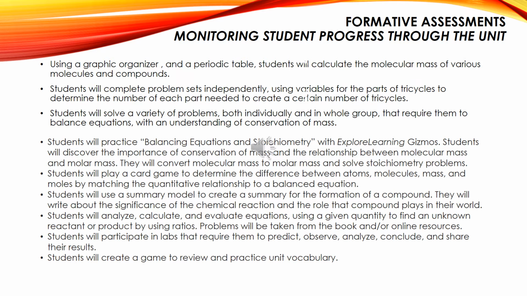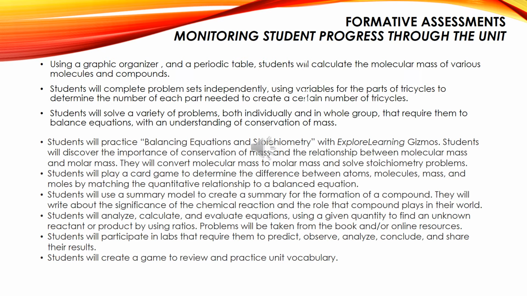Formative assessment, monitoring student progress throughout the unit. Using a graphic organizer periodic table, students will calculate the molecular mass of various molecules and compounds. They will complete problem sets independently, solve a variety of problems, practice balancing equations and stoichiometry, and play a card game to determine the difference between atoms, molecules, mass, and moles.